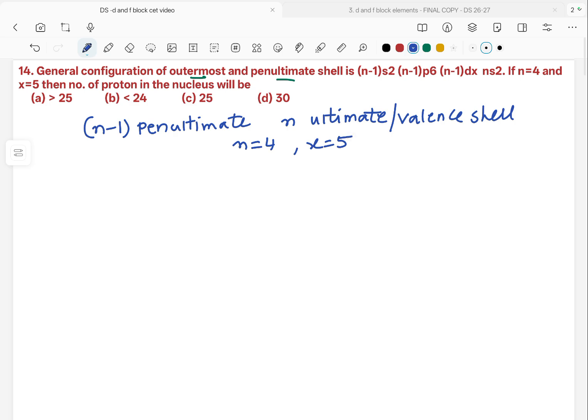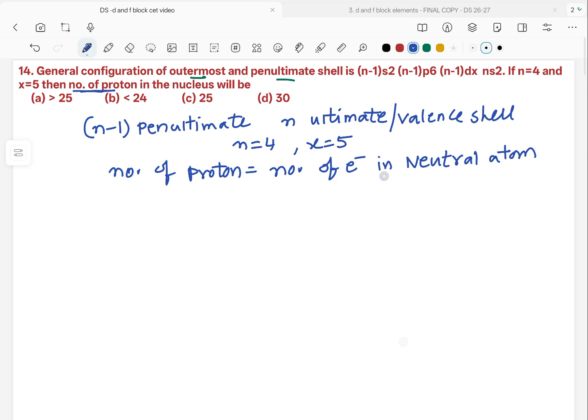We are supposed to find out the number of protons in the nucleus. The number of protons is nothing but the number of electrons in a neutral atom. So when you find out the number of electrons, we can find out the number of protons, which is otherwise the atomic number of the element.